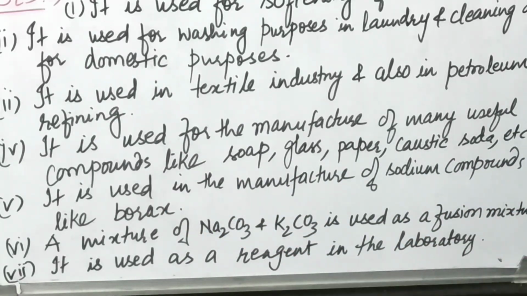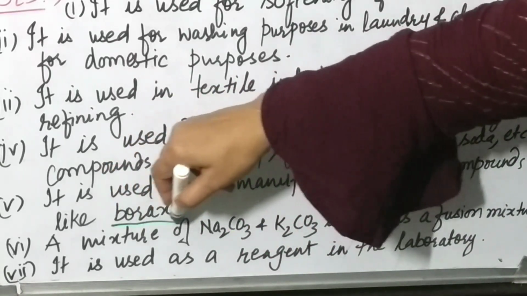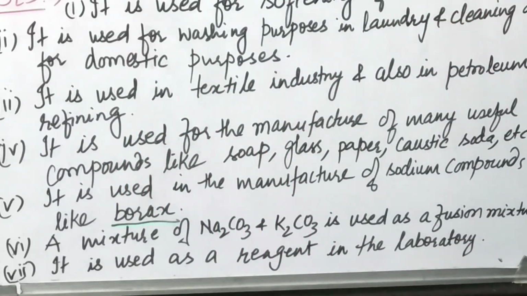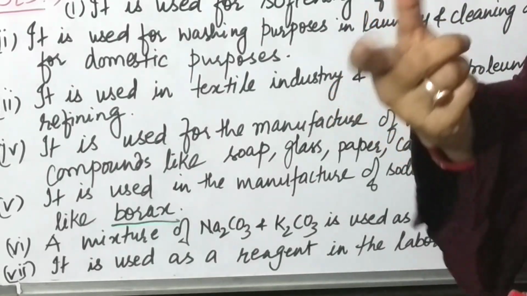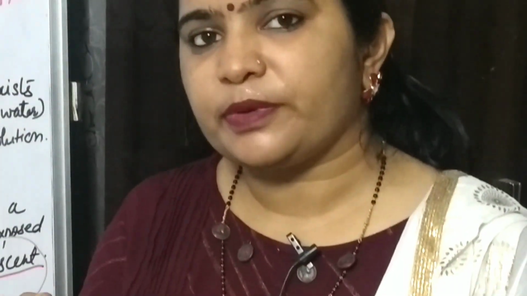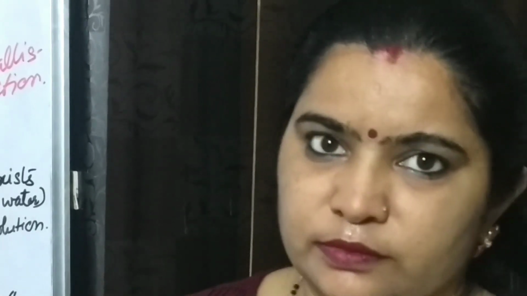See children, borax is a compound that you will study in your higher classes, especially in 11-12. This borax is used for testing the presence of various salts in a mixture, and it is prepared initially to form a borax bead; that is called the borax bead test.